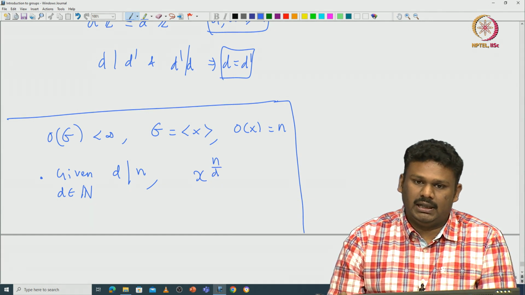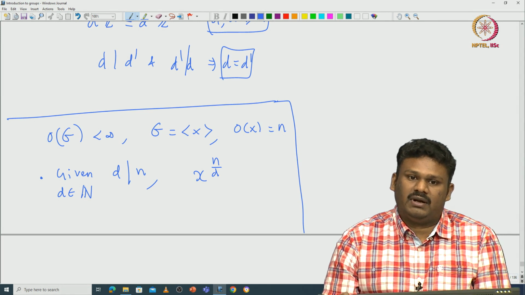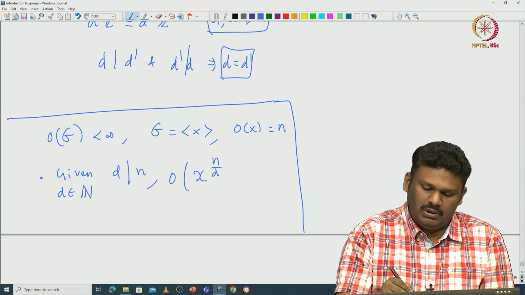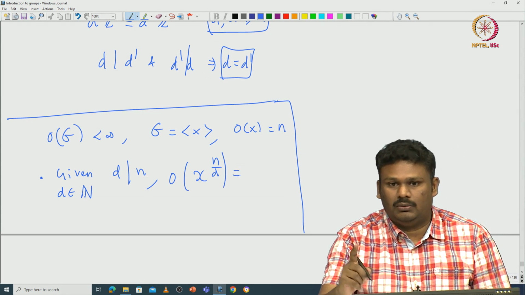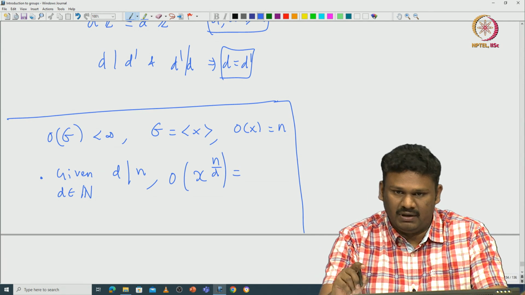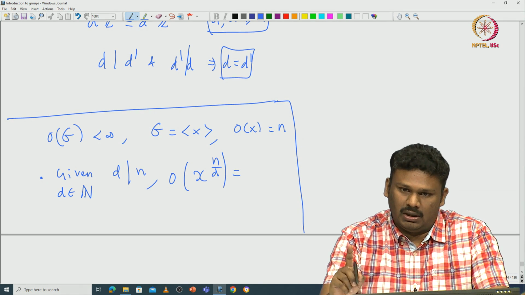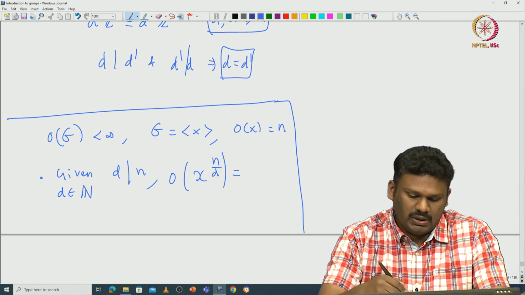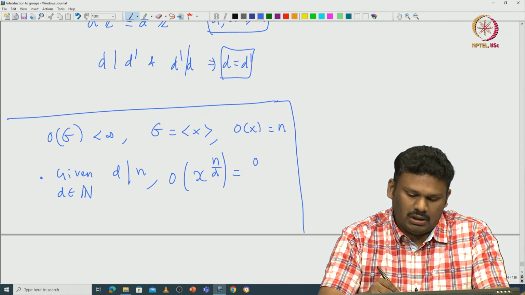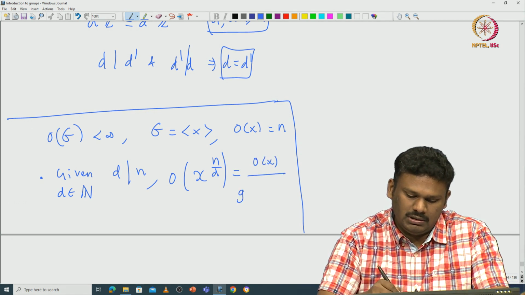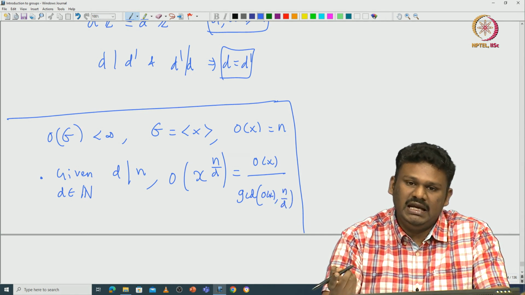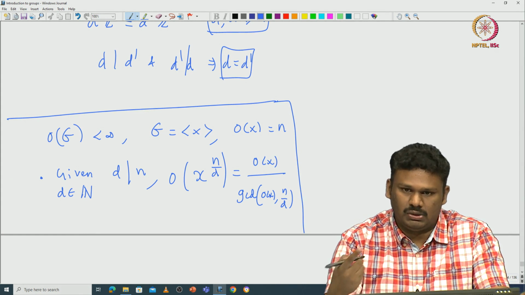We have already seen that the order of x power n by D is nothing but D. The order of x power D. So, recall what was the order of some power? It is order of x divided by GCD of order of x comma that power. Since D divides n, n by D also divides n.